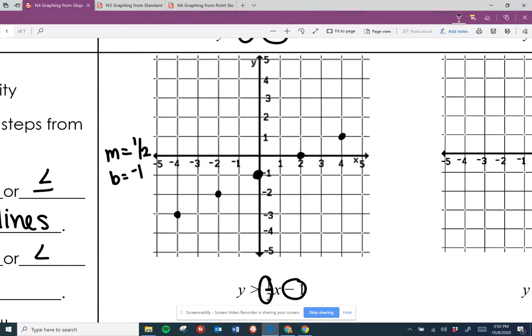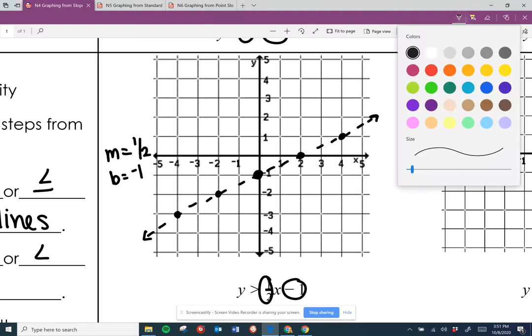This is a greater than sign that does not have the equal to line underneath it. So it is going to be a dashed line. So you can see I'm just going to make dashes all the way through. It still has arrows on the end, but it's not a completely filled in line. It's dashed, all right? Now, the greater than means we shade all of the numbers that are bigger, right? So 0, 1, 2, those are all greater than -1.